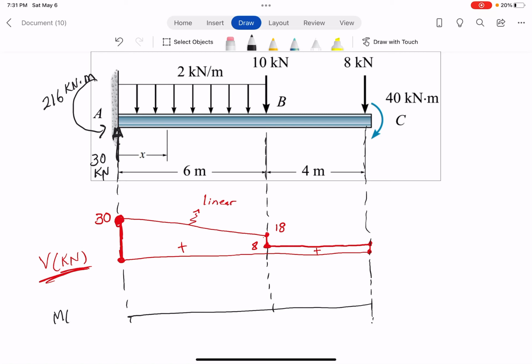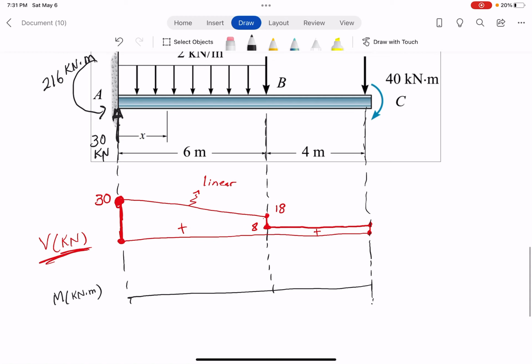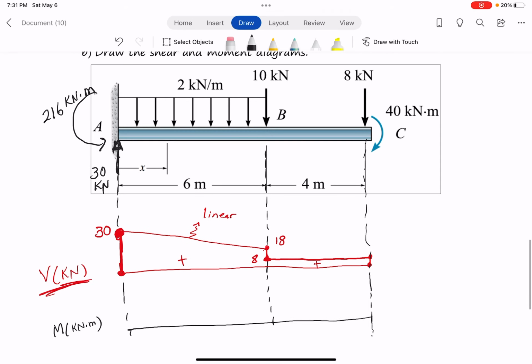You know the unit for the moment is kilonewton meter. We should start from point A. I know some students start from C, from the other side. Whatever way you like. I like to go from left to right, and this is what I was trained, and I think all the books show how to do the moment and shear diagram from left to right.